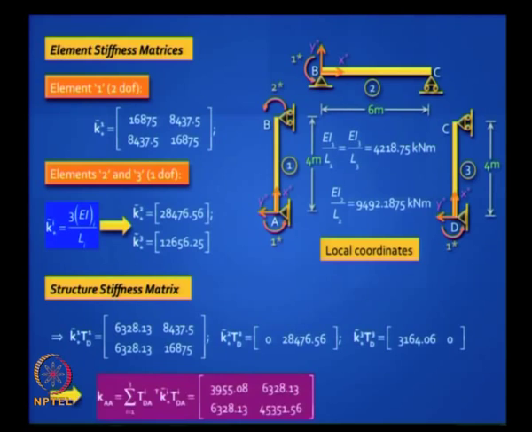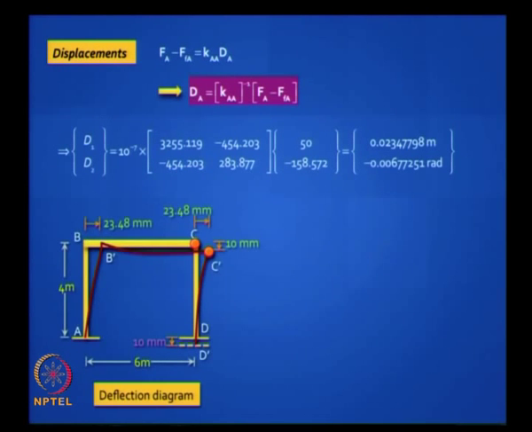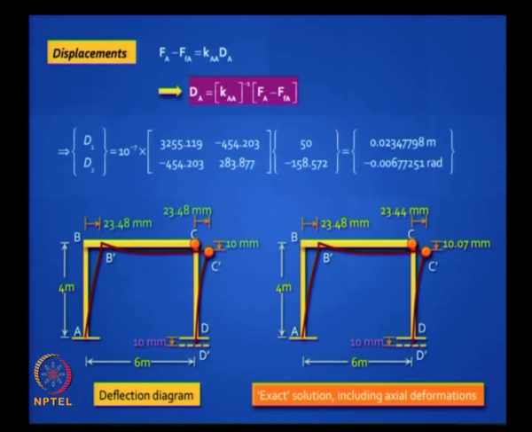Structure stiffness matrix you can generate, it is a 2 by 2 structure stiffness matrix, right, because you have only 2 degrees of freedom. Find the displacements. Now your deflection is 23.48 and the exact solution is also 23.48.